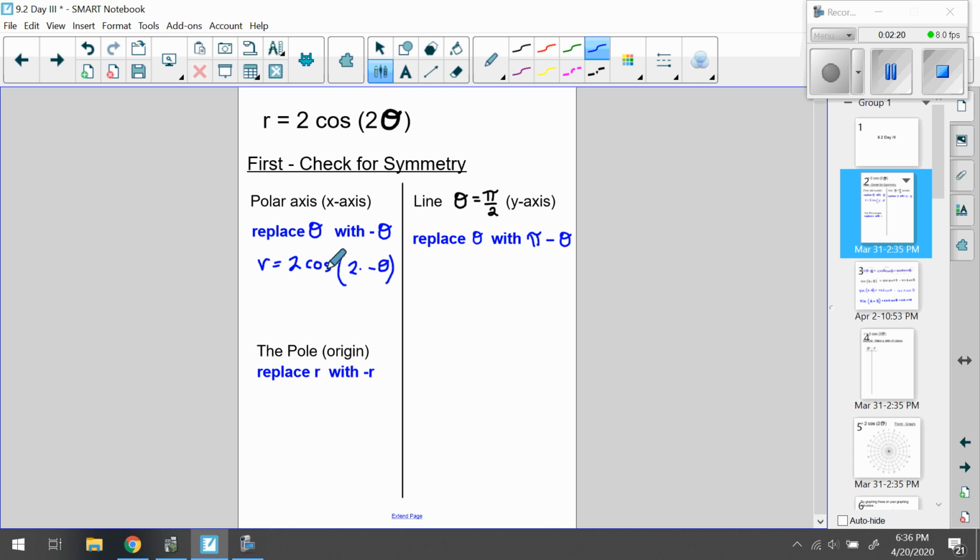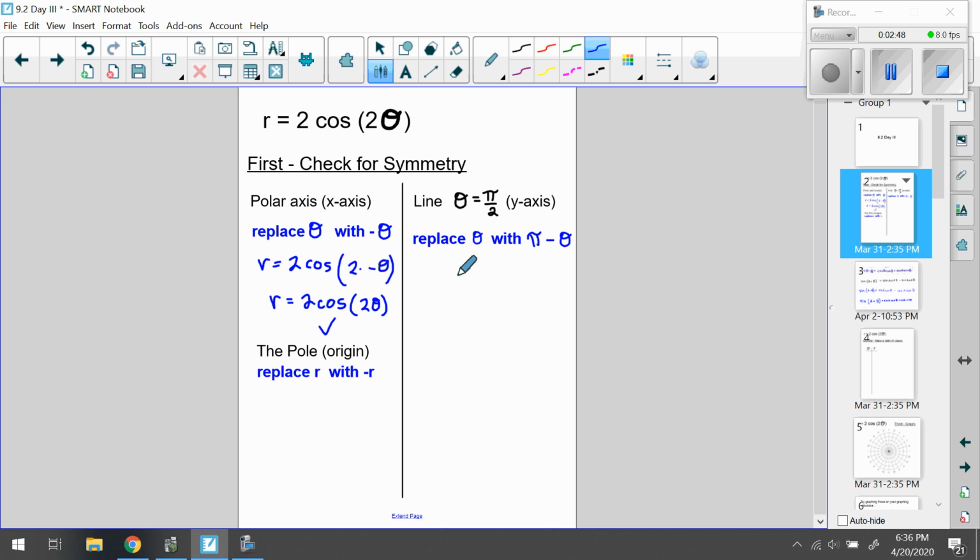And since cosine is even, that means cosine of negative 2 theta and cosine of 2 theta are the same. So this one ends up being back to the original, 2 cosine 2 theta. And since it can go back to the original, that means it will be symmetric over the polar axis.